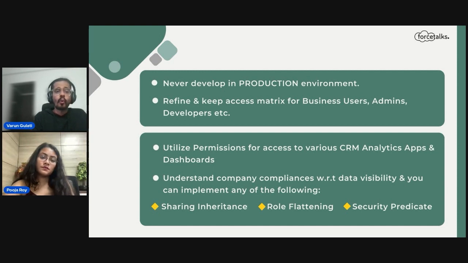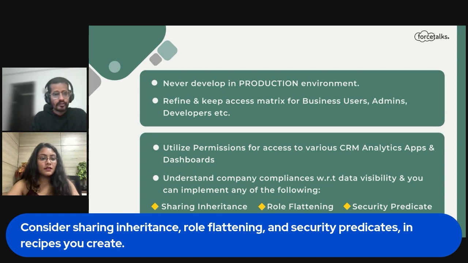You have your own custom configuration of what anyone can see in CRM Analytics, which can complement your Salesforce configuration, or vary from it depending on the business criteria, qualifications, and your requirements. So these are, at the top, the governance and best practices that you should adopt. There are many others, but they will come in due course of time.